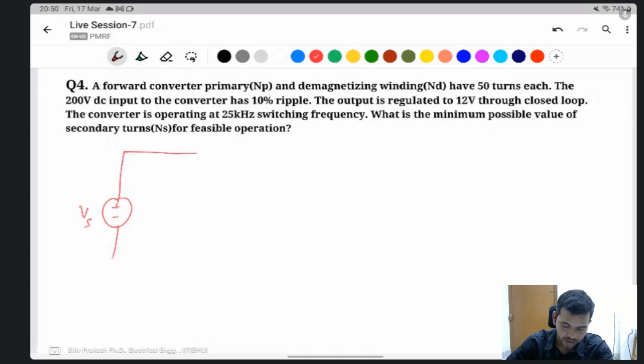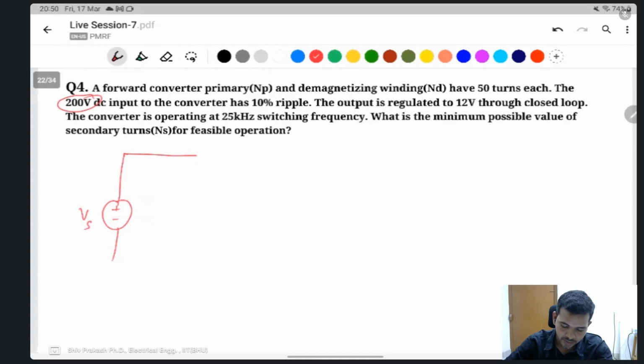So in total it is 20 only. It can swing from minus 10 to plus 10 only, so it is 190 to 210. No, minus 20 to plus 20, because of 200 here. 10% of 200, into 10 divided by 100, is 20, plus minus 20.